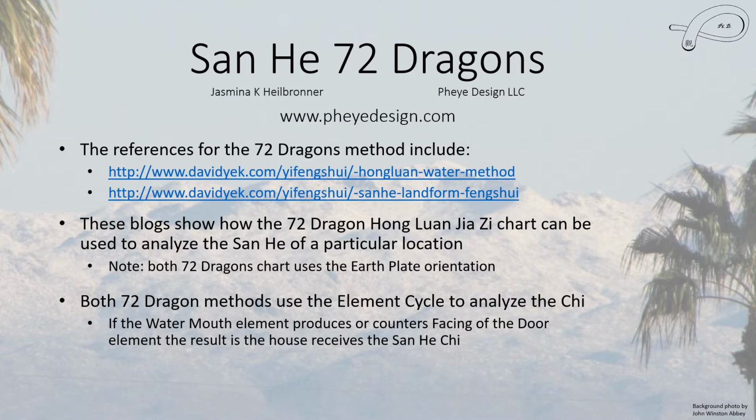From what I can tell from his example, if the watermouth element produces or counters the facing of the door, the direction that the main door faces, there'll be an element there too. And if it produces or counters it, the house receives the Sanher Chi. But again, I could be wrong because he's not terribly clear.